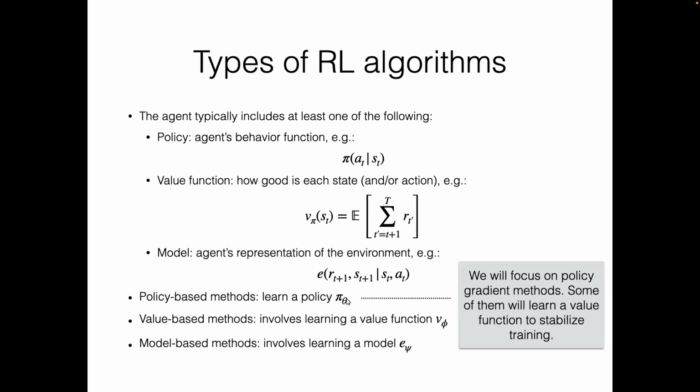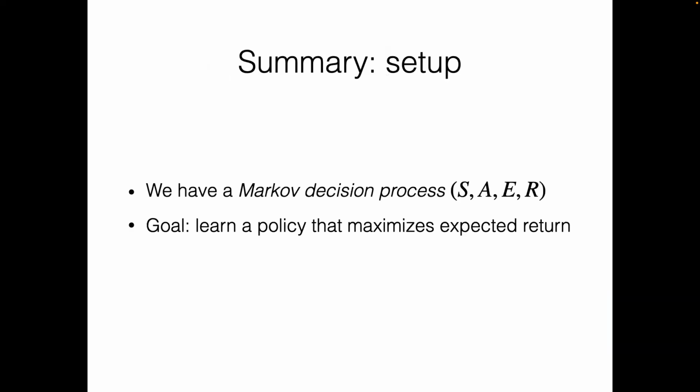But you'll see these terms come up, so it's good to at least have seen them once. So in summary, the problem setting is we have this MDP, or Markov decision process, and our goal is to learn a policy that maximizes the expected reward, or return, in this setting.